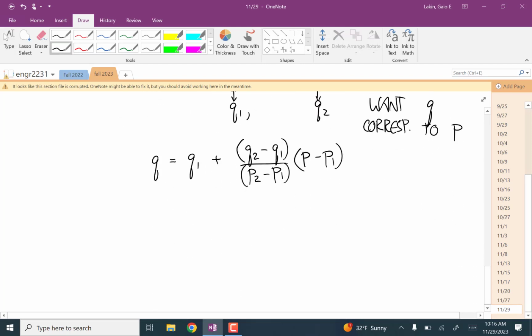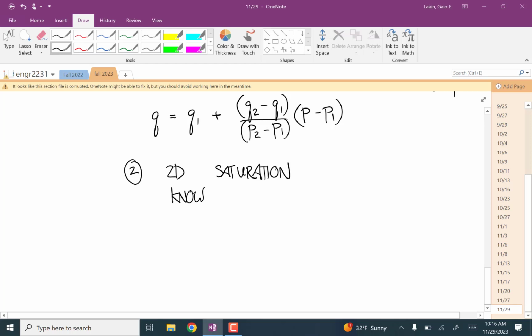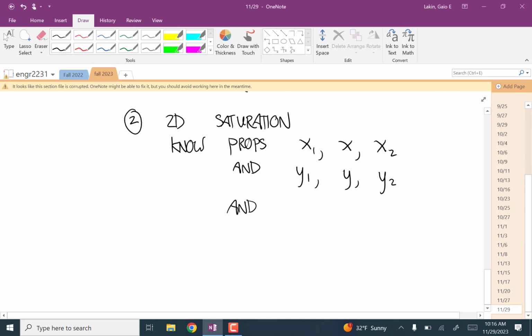And then we did 2D interpolation. Let's say that you know properties x1, x, and x2, and you know properties y1, y, and y2, and you know properties q1 and q2, but you want q at x, y.